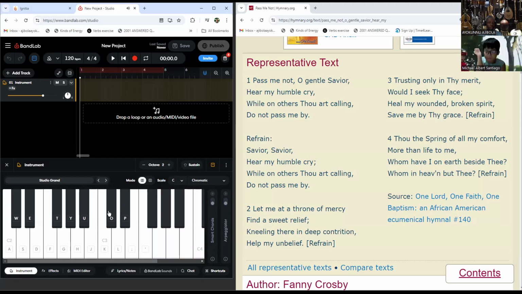Hold on, I observe that you're not seeing what I'm playing, so I want to adjust this a bit. Okay, it's still not there. Let me return it and adjust this one. Okay, fine. So try that again. It's still not showing the way I want it to show.